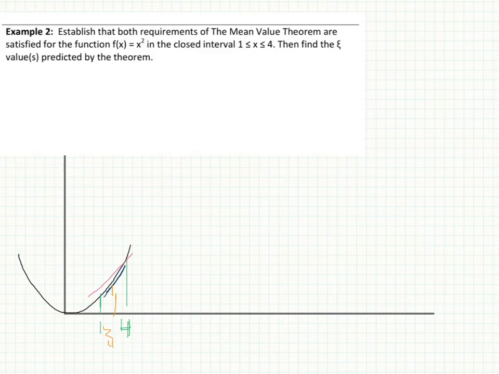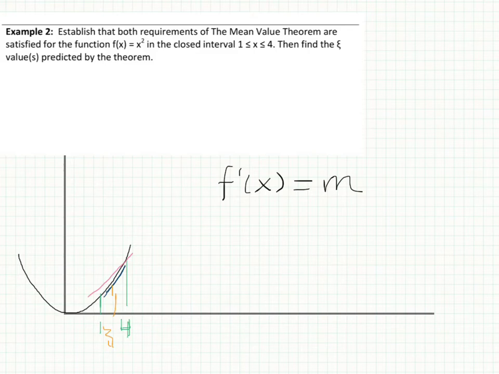Okay, so what we can say then is that our slope of the tangent, which is f prime of x, should equal m, the slope of that chord between 1 and 4.